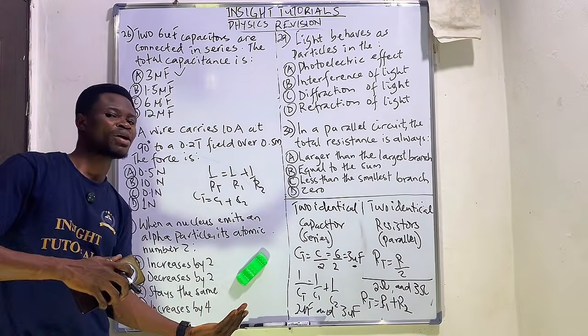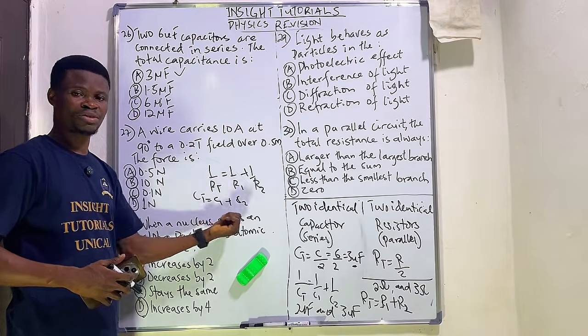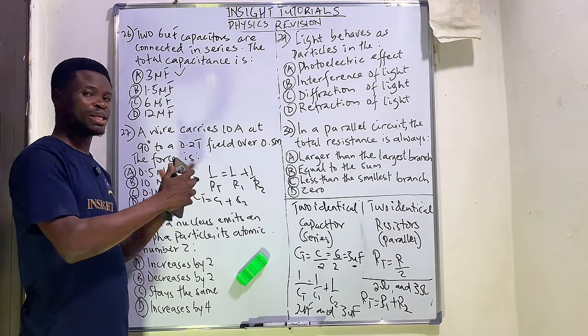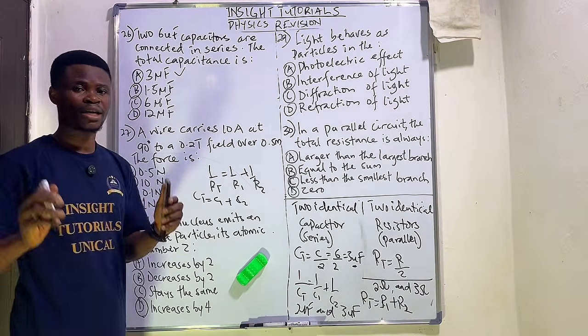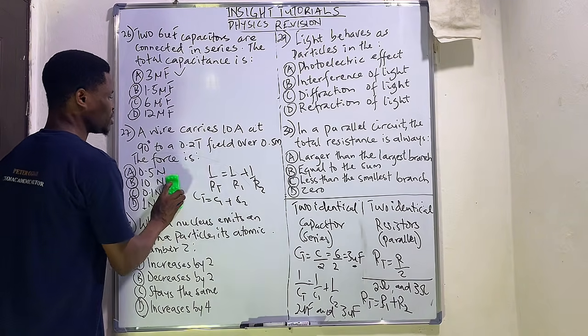They are not connected in parallel. This is the capacitance total. Simply add them together. Then for resistance, it's now the inverse of it in terms of the total. I believe you understand that principle. All right, let me take this off.